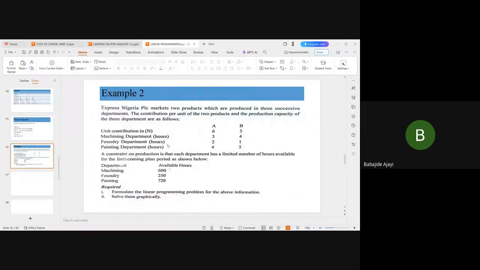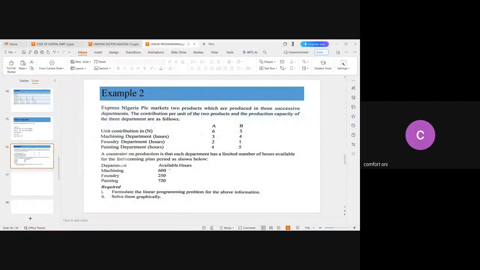Express Nigeria PLC markets two products which are produced in three successive departments. The contribution per unit of the two products and the production capacity of the three departments are as follows. Unit contributions in Naira: for A we have 6, for B we have 5. Machining department in hours: A has 3, B has 4. Foundry department in hours: 2 and 1.